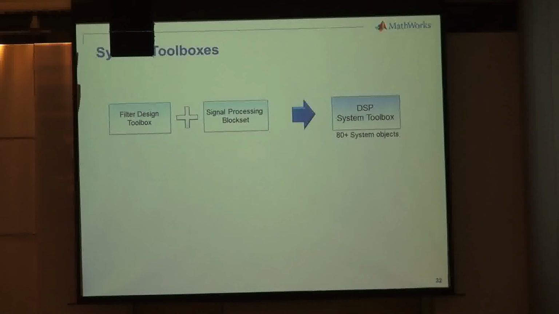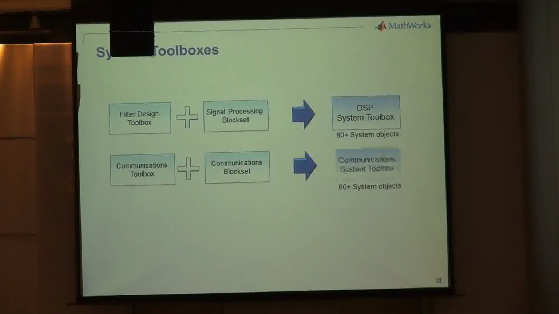Okay, so these two products have been combined, and guess what? Conveniently, we added new capabilities to the DSP System Toolbox, such that it includes system objects. So let me make it clear. All of the functionalities that we had before, they still exist, the function-based capabilities. We repackaged them, and we added new capabilities, something called system objects. All right?